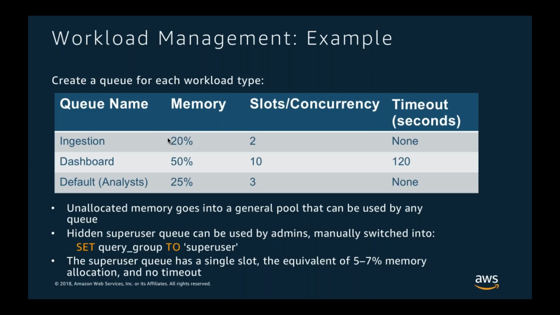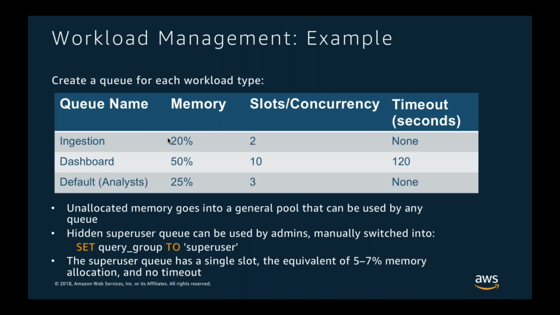So this particular queue takes 50%, which is about 22 GB memory, right? I have 10 slots. So that 22 GB is divided across 10 slots. Each slot gets 2 GB of memory. That's what this really means, right? So when a query runs in that particular slot, it can take up to 2 GB of memory.